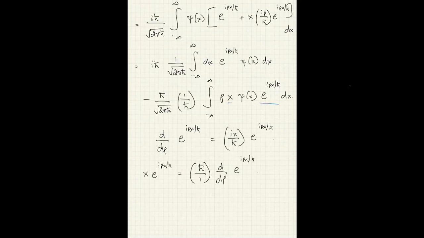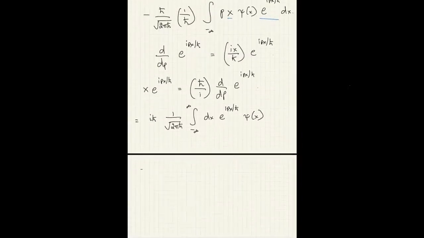So I can write this times that as h bar over i d dp of e to the i p x over h bar. And since d dp has nothing to do with dx integration here, I can pull out the d dp outside. So I can write this as i h bar over 2 pi h bar. That is the first term. I will leave it intact for now. I hope you recognize what the first term is.